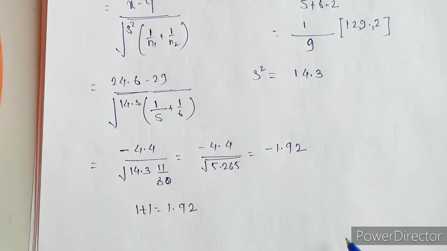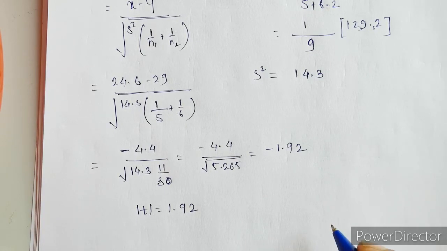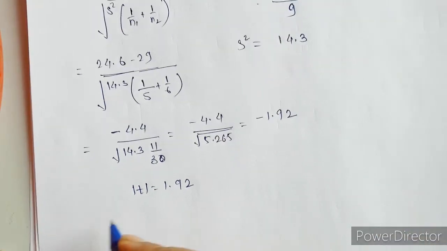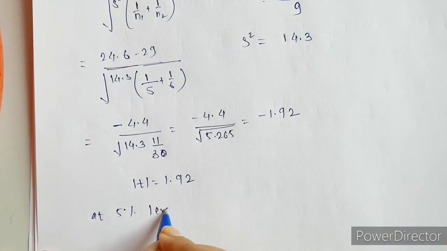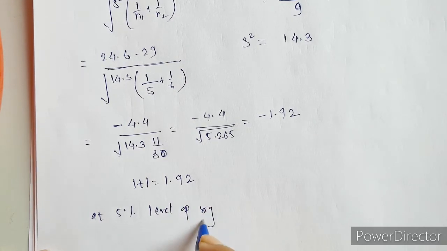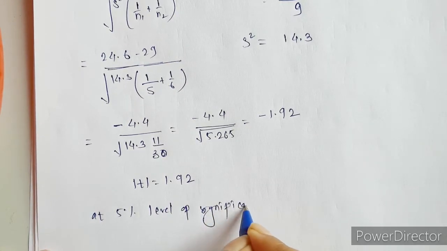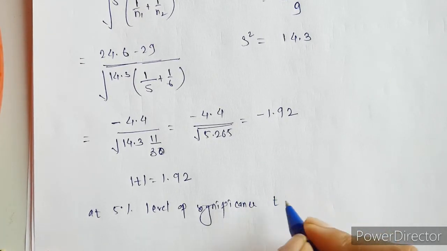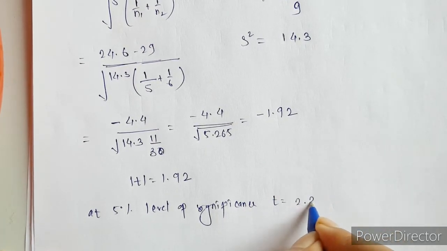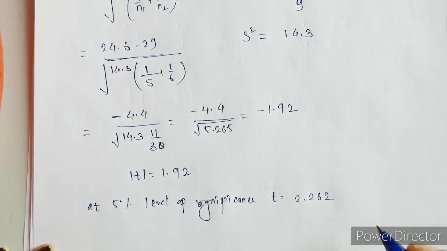Now from the table, for degrees of freedom n1 plus n2 minus 2, that is 5 plus 6, 11, minus 2, that is 9, at 5% level of significance, the t value is 2.262.